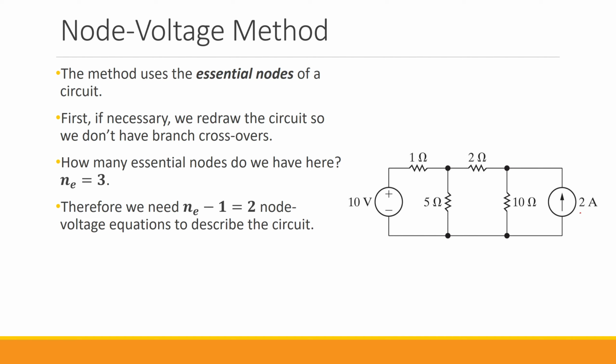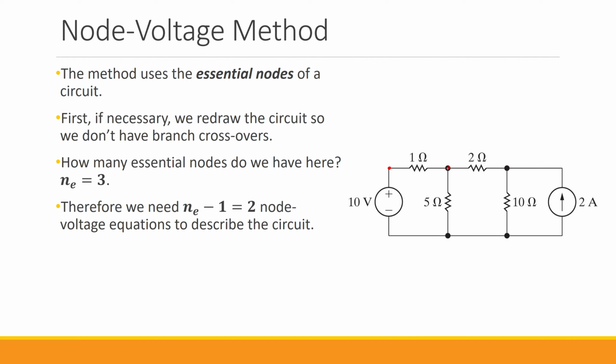So how many nodes do we have in this circuit? If you remember, a node was a point where at least two elements are connected. So this, you can say, is a node, because that's the point of connection of this 1 ohm and this 10 volt.